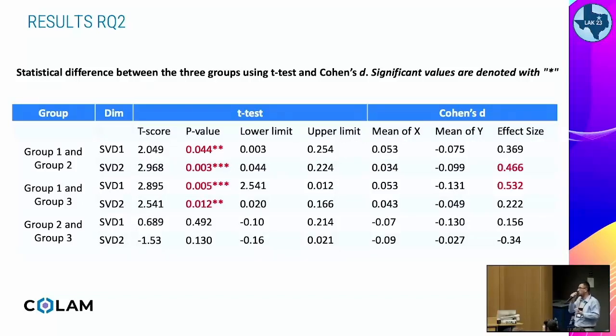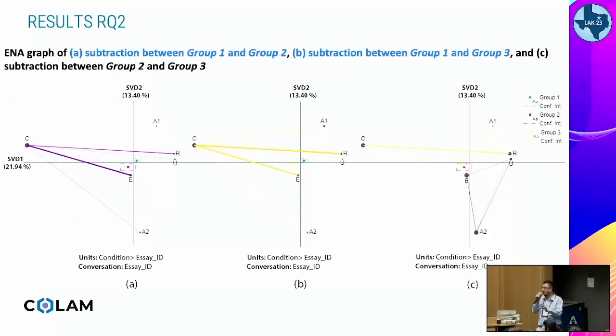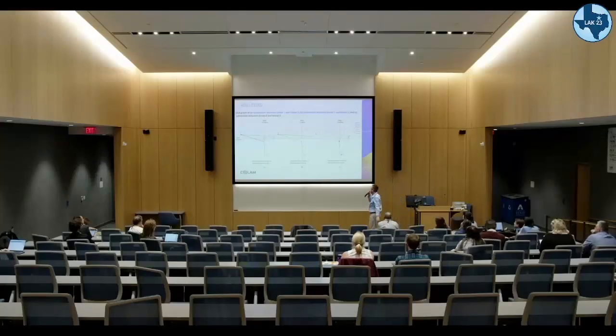The difference between groups 2 and 3 was not statistically significant. So group 1 is low performance, 2 is medium, and 3 is high. And these are subtracted networks that show the differences between group 1 and group 2, and group 1 and group 3, because they were statistically significant.